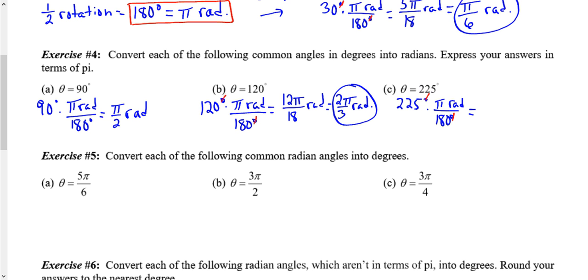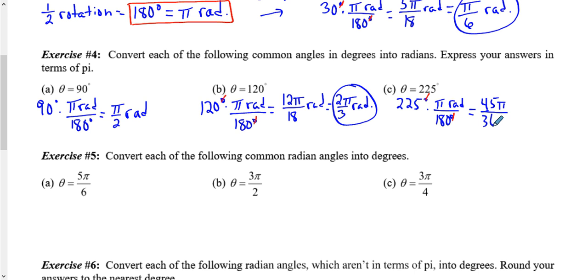What did I pick? 5. I could see one ends in a 5, another in 0. So 45 pi, and what's 180 divided by 5? 36, right?